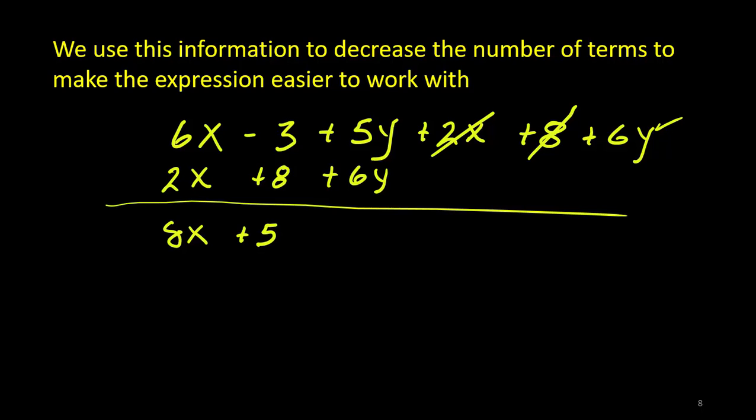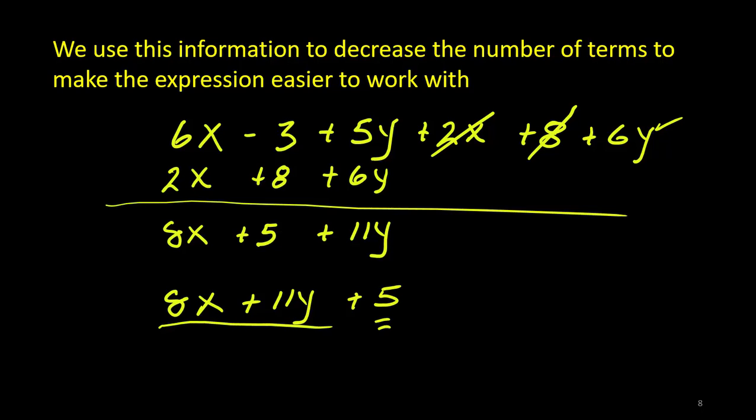And then 5y plus 6y gives me 11y. And so we've simplified this. Mathematicians might go a little bit further with this and rewrite it as 8x plus 11y plus 5, keeping the constant term off to the right all by itself and leading with the variable terms x and y.